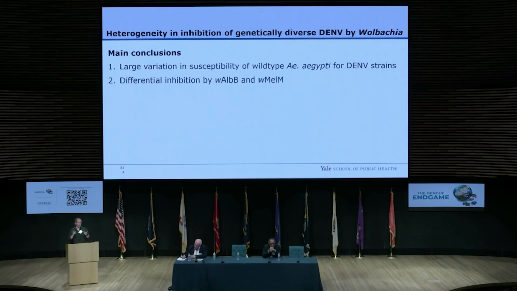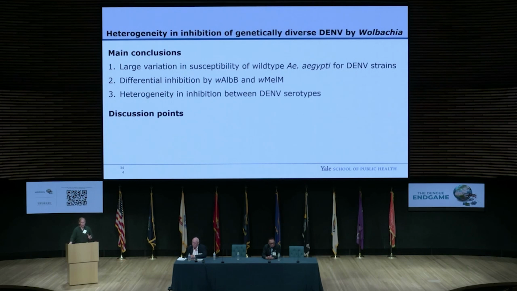But again, with definitely differences between specific combinations of Wolbachia and dengue. The key point here is that we see a high level of heterogeneity in inhibition between those different serotypes. In fact, I could have just said different strains, because it's really the variation within that matters here. Then some discussion points that I want to end off with.